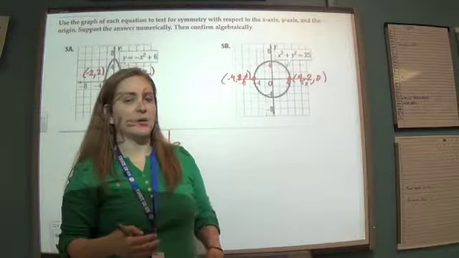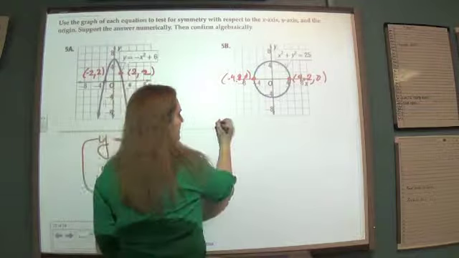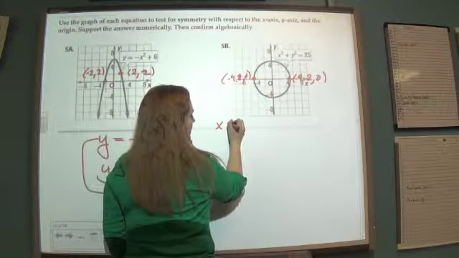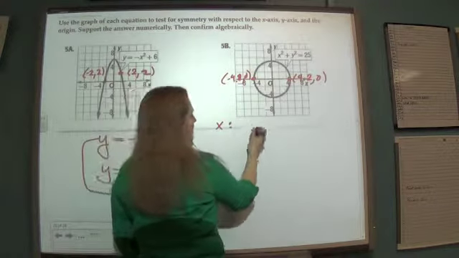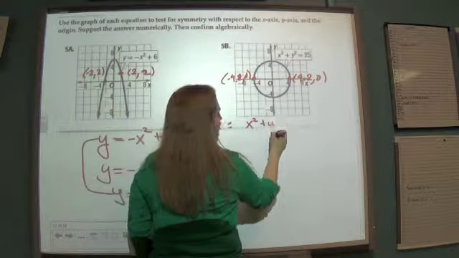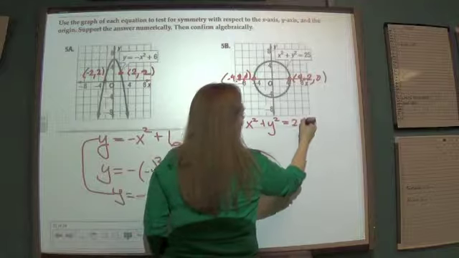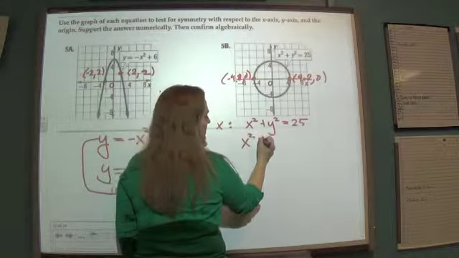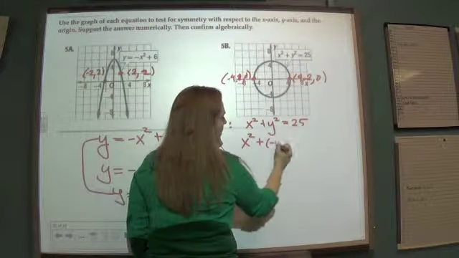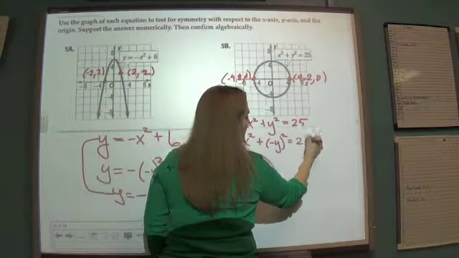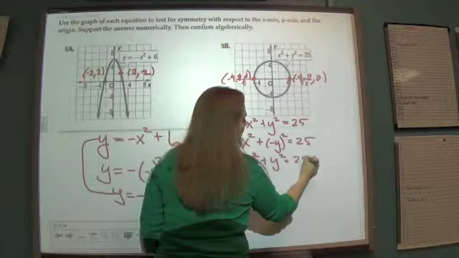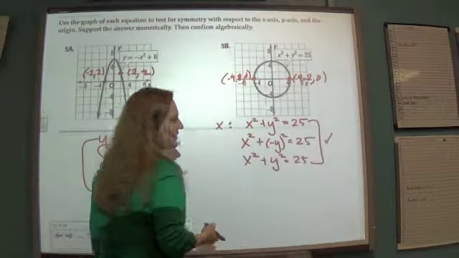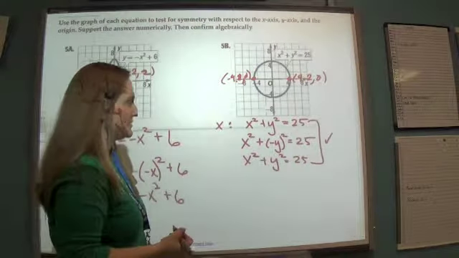Let's prove some of it algebraically. Okay, well, this is for the x. If I was to prove it for the x, here's the original equation, and I plug in a negative y. Negative y squared becomes y squared. So this becomes x squared plus y squared equals 25. The equations are equivalent, hence it is symmetric to the x-axis.